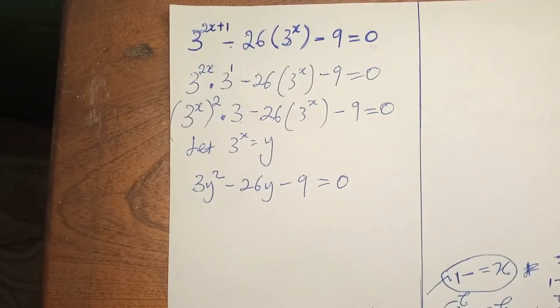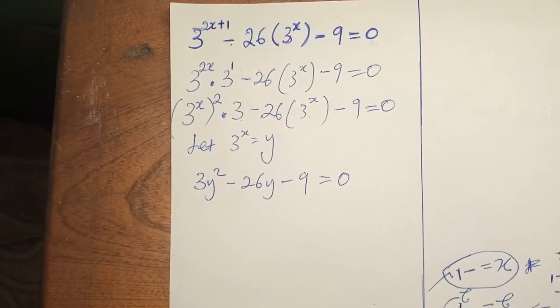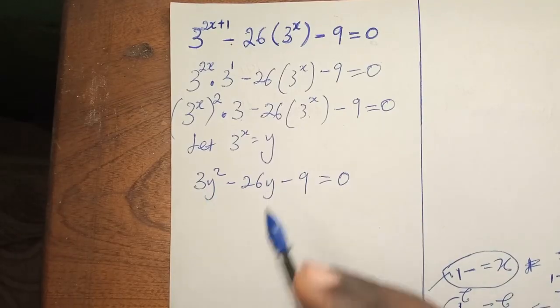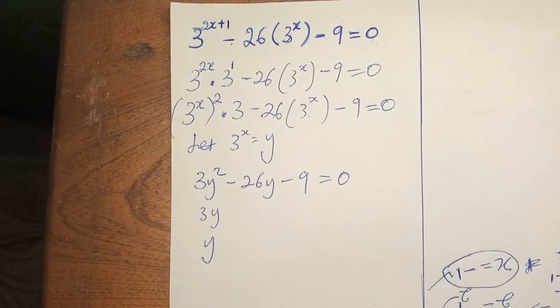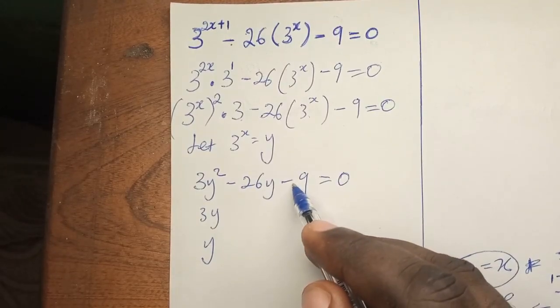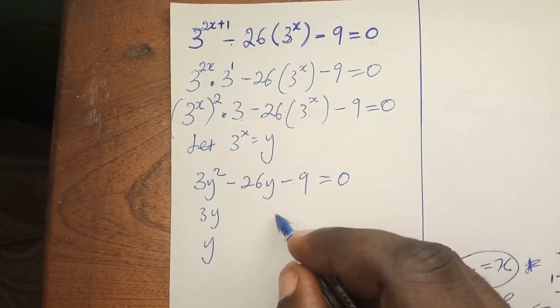We can now use the factor method, or factorize. This 3y squared is the same as 3y times y. To have this 9 here, we can say minus 1 times 9, or 1 times minus 9.